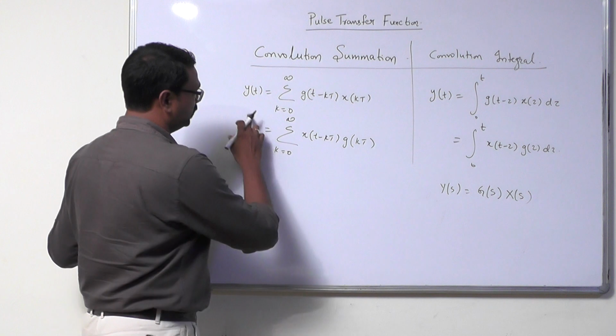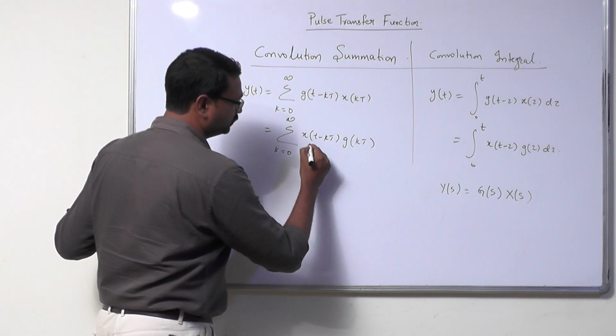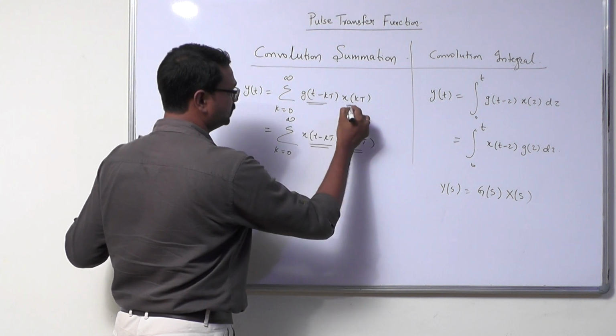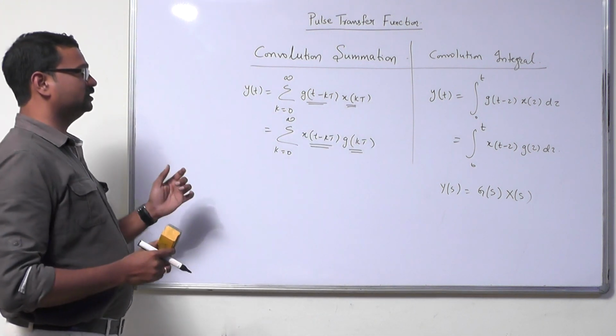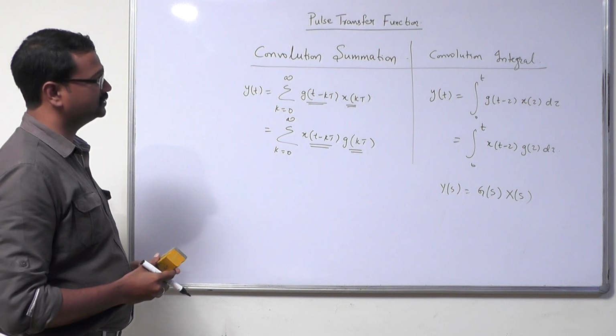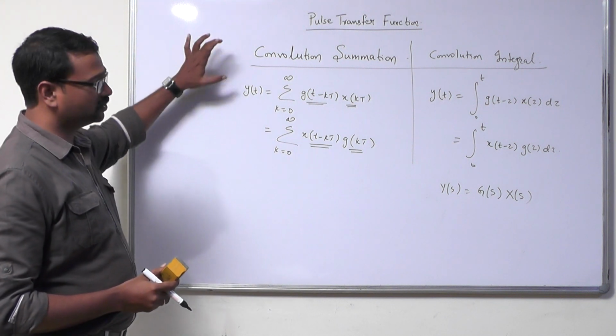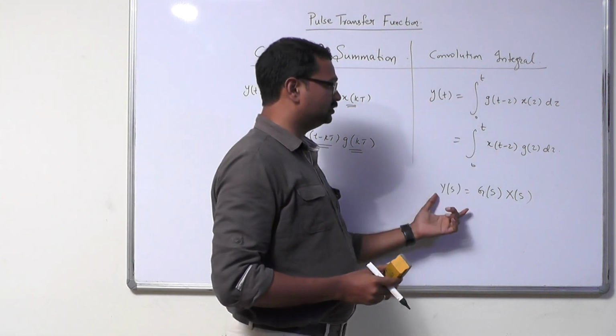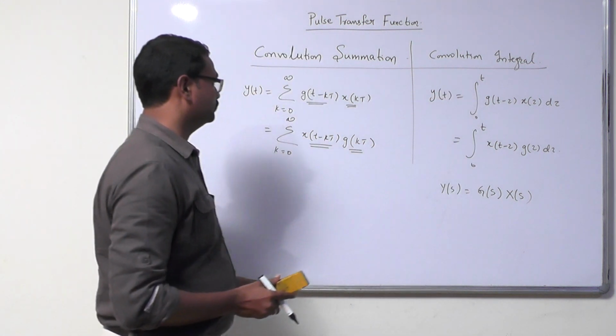Similarly here, y of t is equal to, you are having two different x of t minus kt and g of kt, or g of t minus kt and x of kt. So you are having these two relationships, convolution summation. Convolution summation is used for discrete time systems and convolution integral is used for continuous time systems.